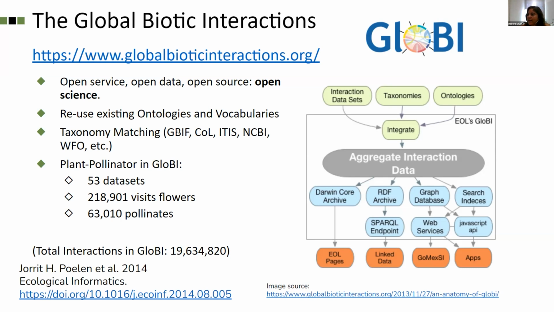GloBI has a very nice set of tools to work with this taxonomic matching, and we are also going to explore that in the pilot phase. Now we found 53 datasets in GloBI that have either the visits flowers interaction type or the pollinates interaction type.